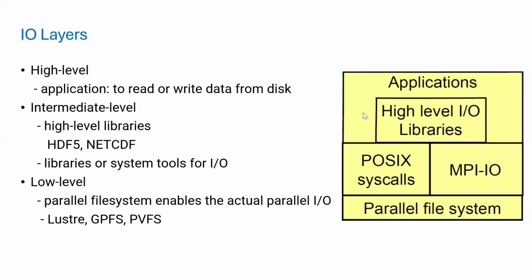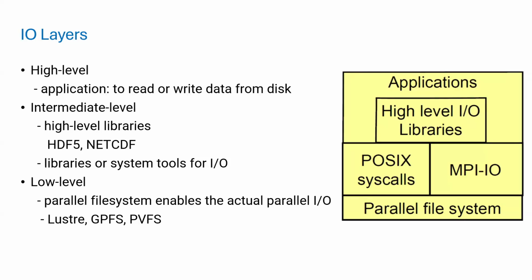Then in the middle level, we're involved with some high-level libraries. Right now, the most popular ones are HDF5 or parallel NetCDF. Those libraries are based on the system tools for I/O, like POSIX I/O on all computer systems. And then right now, most of those high-level libraries depend on MPI-IO.